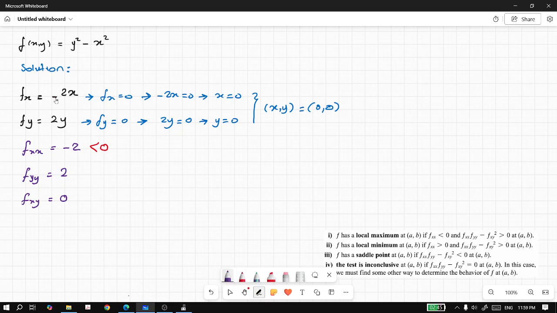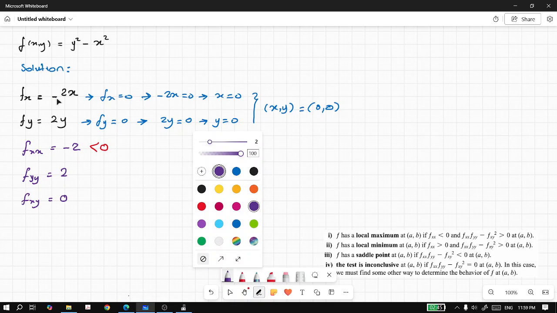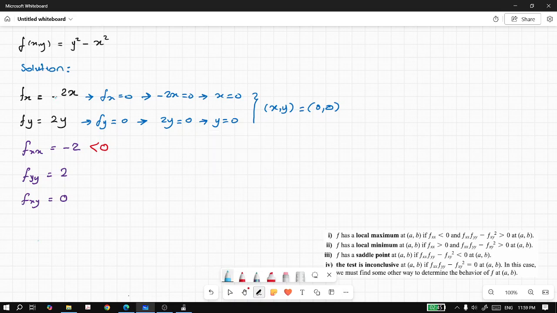So now we are checking the discriminant. I have as a discriminant f sub xx multiplied by f sub yy minus f sub xy squared.